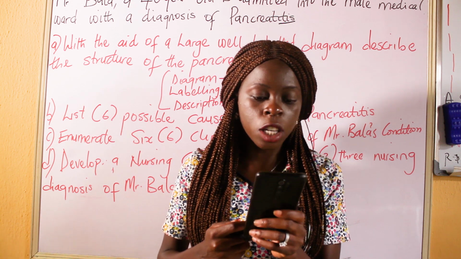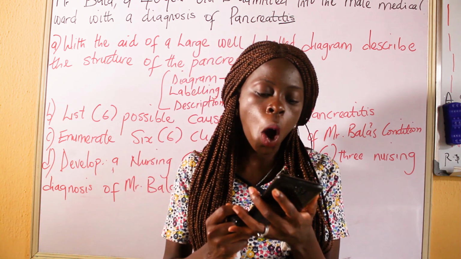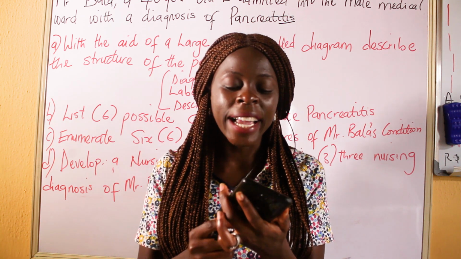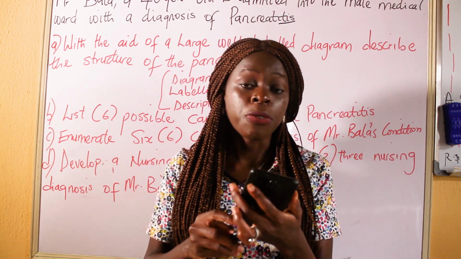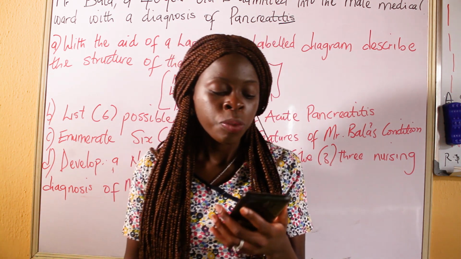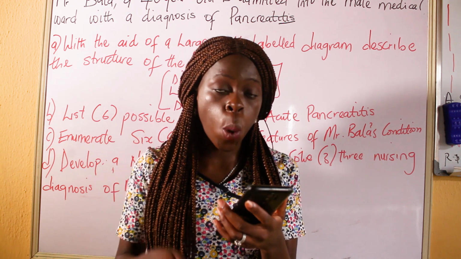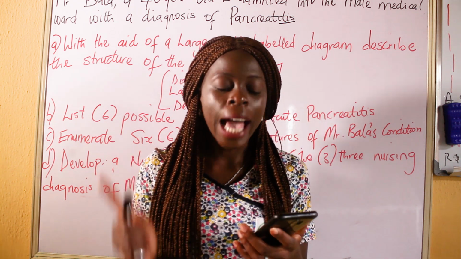The pancreas is a tubulo-alveolar, spongy, pale green organ with both endocrine and digestive function. So the pancreas is located behind the stomach in the upper parts of the abdomen.